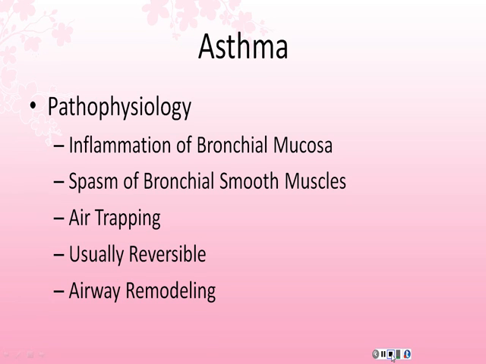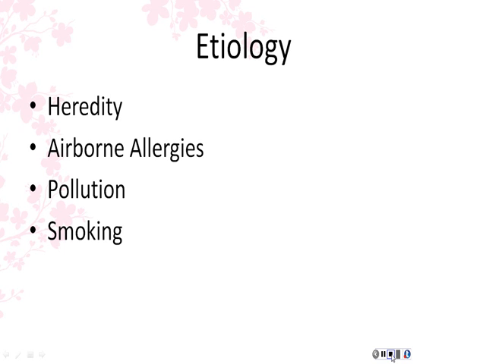So etiology: it really tends to be inherited or hereditary. It could be idiopathic or intrinsic, occurring in patients with no history of allergies, or it could be extrinsic, or there could be problems with airborne allergies, pollution, or exposure to smoke, which is really caused by any exposure to an allergen or other triggers.